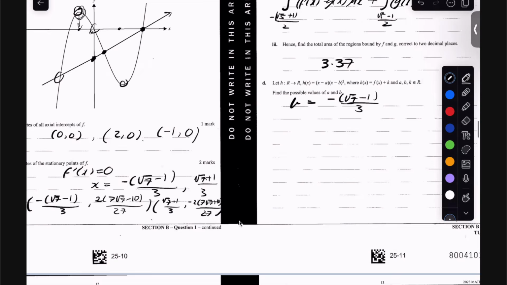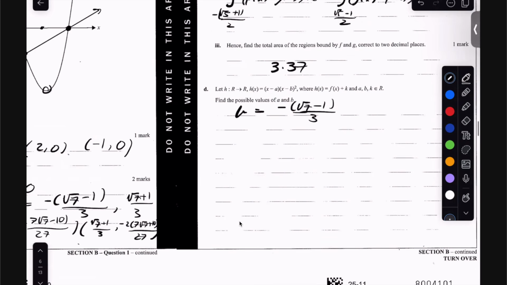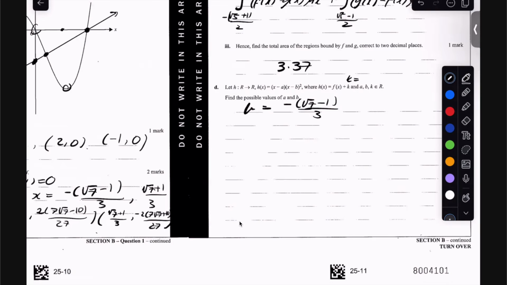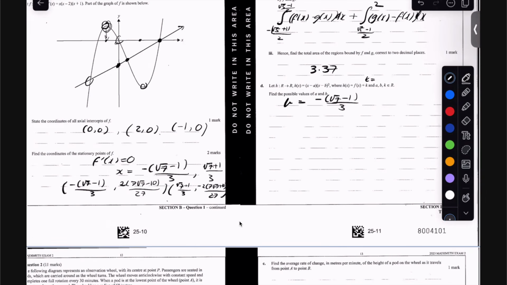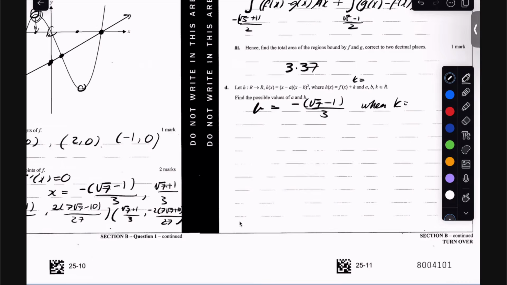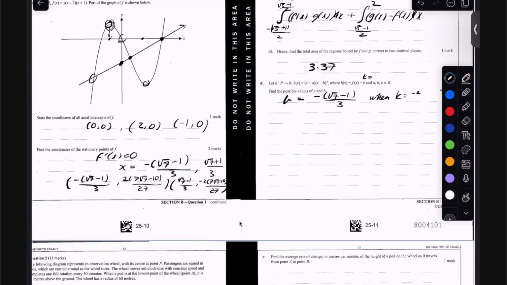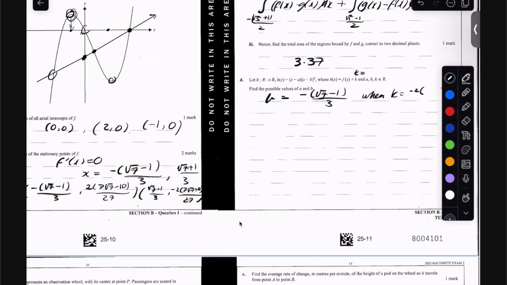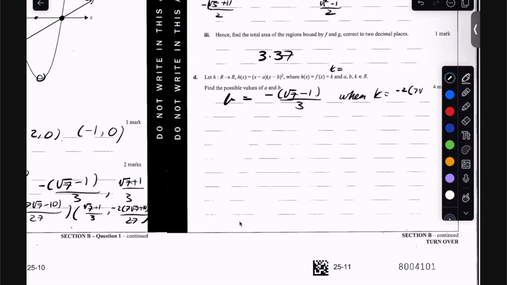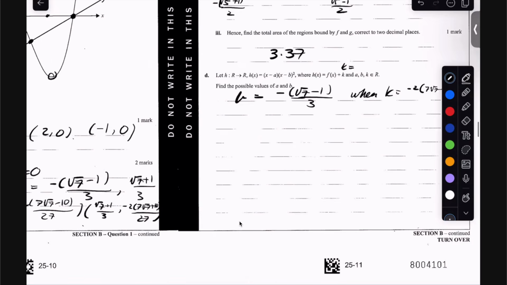So that's when k is equal to the negative of that value. So negative (2 · 7√7 - 10)/27.